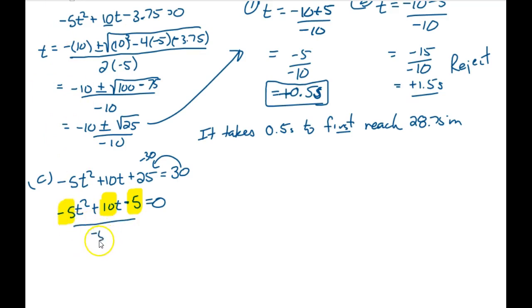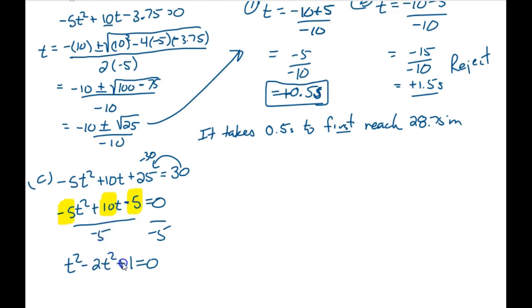So divide both sides by negative 5 here, and you get t squared, negative 2t, and positive 1. Negative divided by negative, positive. Positive divided by negative, negative.